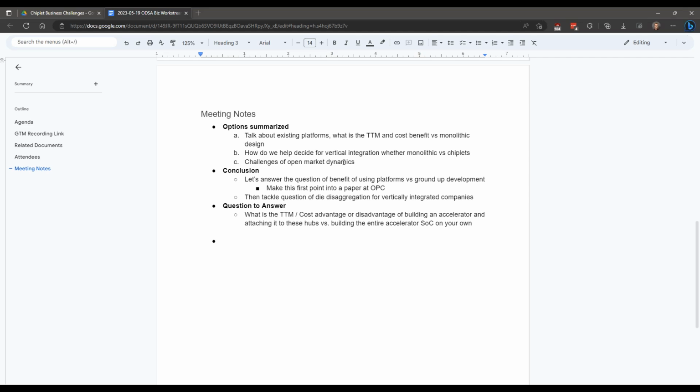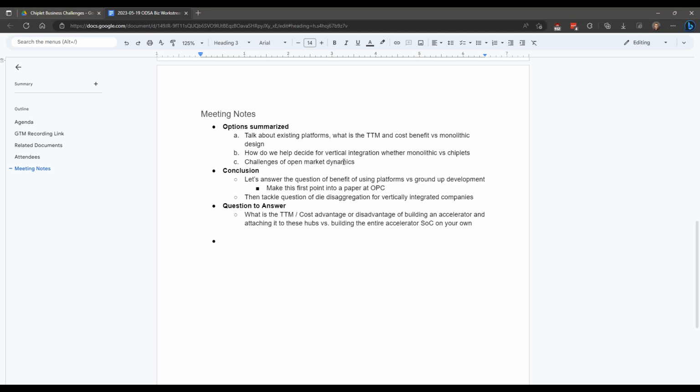And then the third step, which is even more broad and even more challenging, is trying to address some of the challenges of this open chiplet market and the dynamics around it, and trying to help navigate this or find solutions for it. But we decided, at least at the end of last meeting, that we're going to stay very close to the things that we have, which are the presentations from Suresh and from Kevin last week about the platforms that these people are already working on.